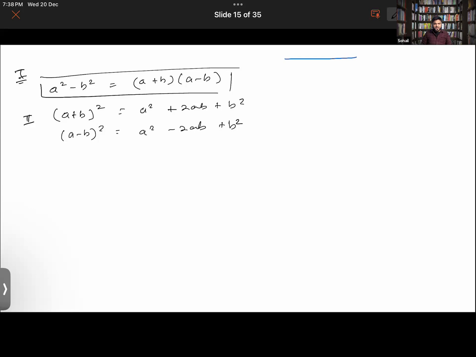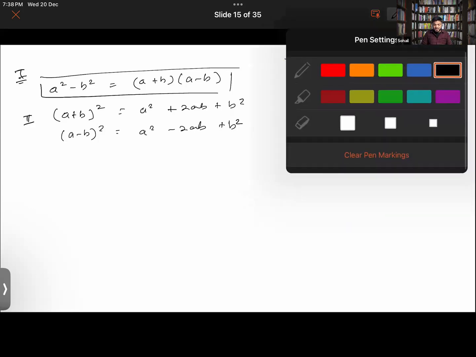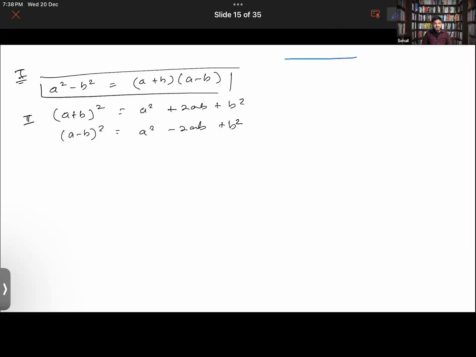In higher classes, you will also study an expression of this format, x square plus px plus q. Here you will get 2 factors for this expression.